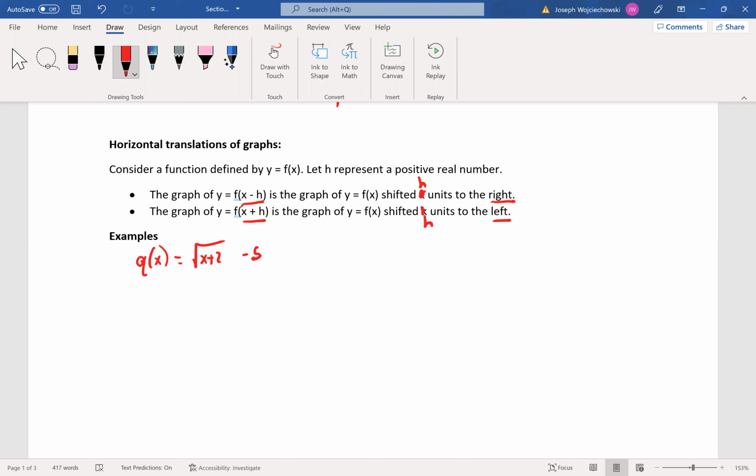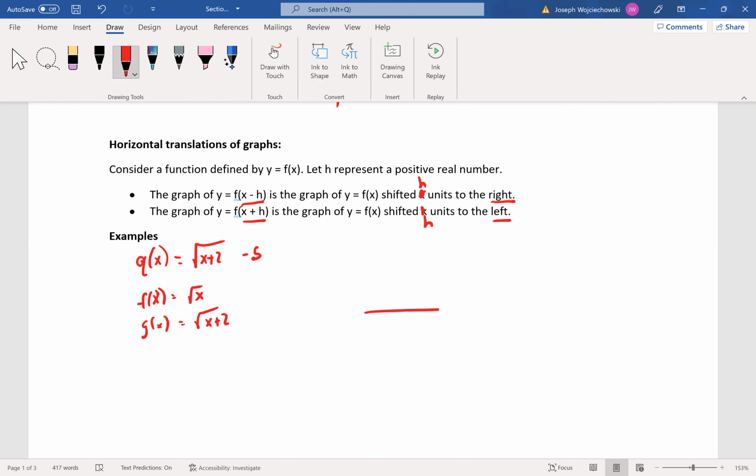So we went all out on this one. We start with f of x as simply the square root of x. Then we have a g of x, which is going to be the square root of x plus 2. Our q of x actually would be the next one.